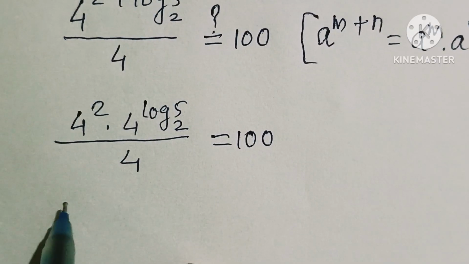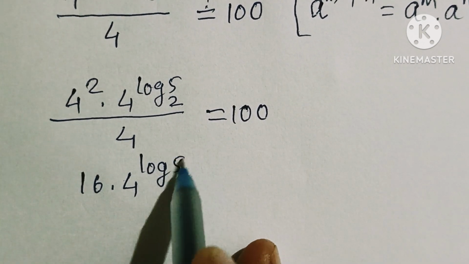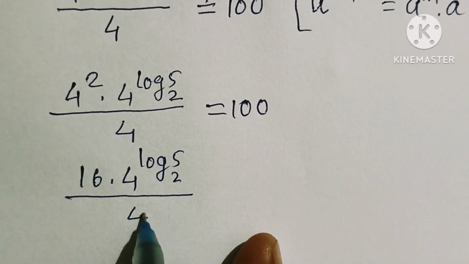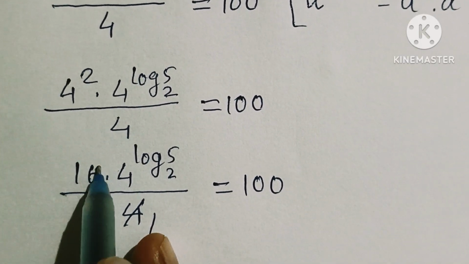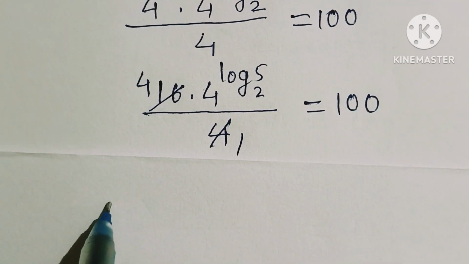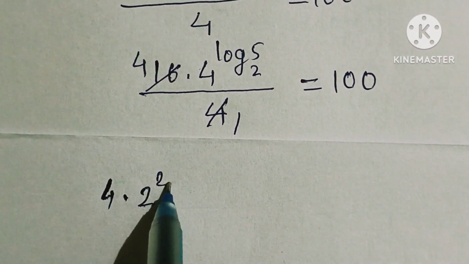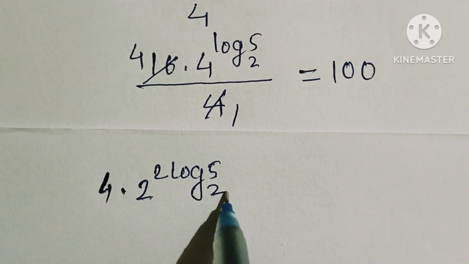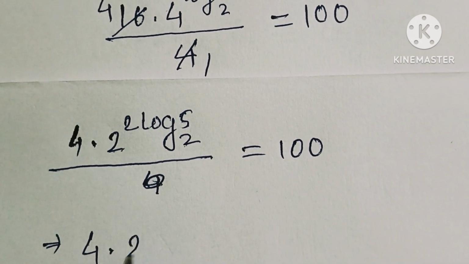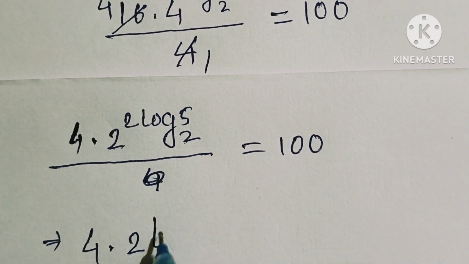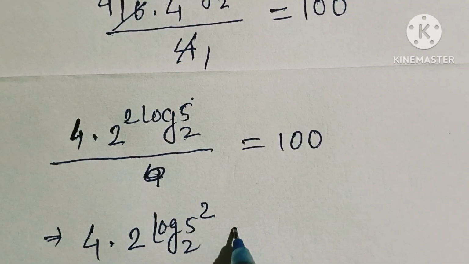Now 4 square is 16, into 4 raised to power log of 5 to the base 2, divided by 4 equal to 100. Here 4 fours are 16. Here 4 is 2 square, so 4 into 2 raised to power log of 5 to the base 2, where the 2 goes to the square of 5, equal to 100.